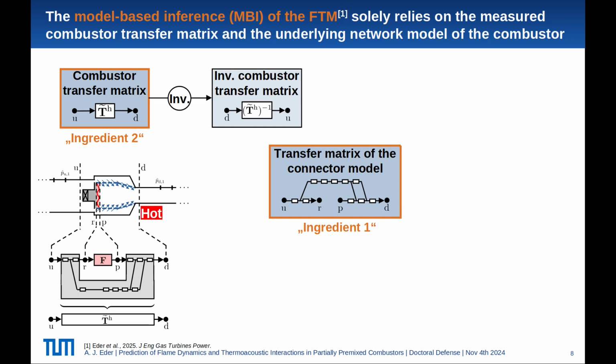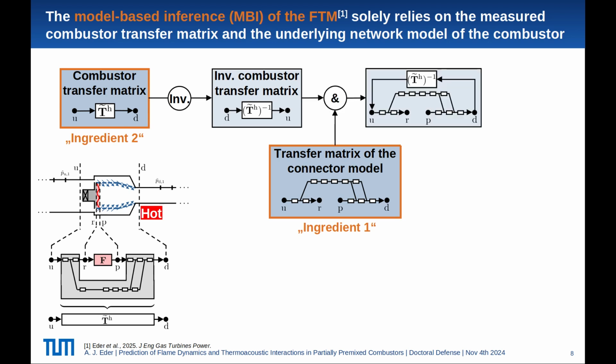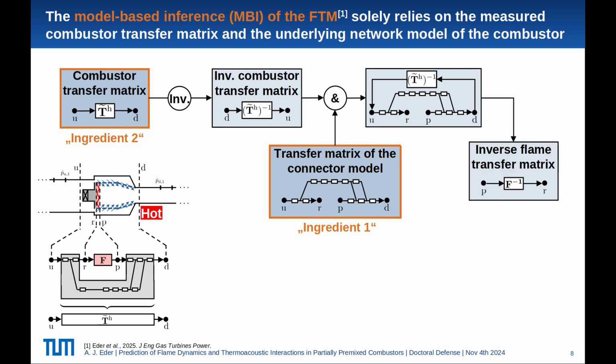For our approach, we then have to invert this transfer matrix and combine it with the connector model. That means we close the network model from the state D to the state U with a measured transfer matrix. And when we now inversely solve for the element between P and R, we end up with the inverse of the flame transfer matrix.